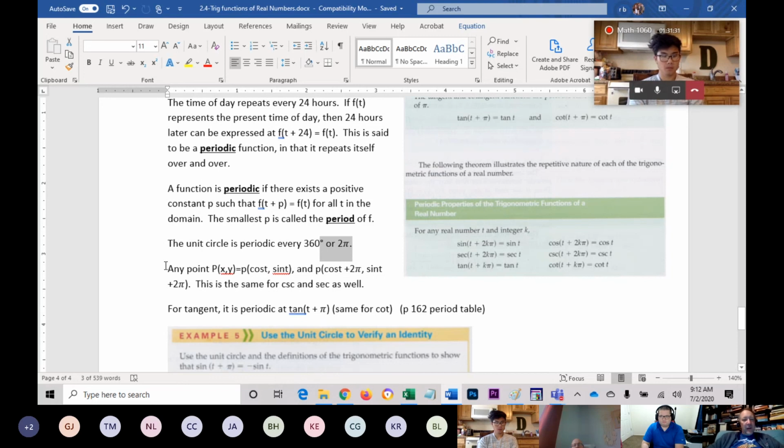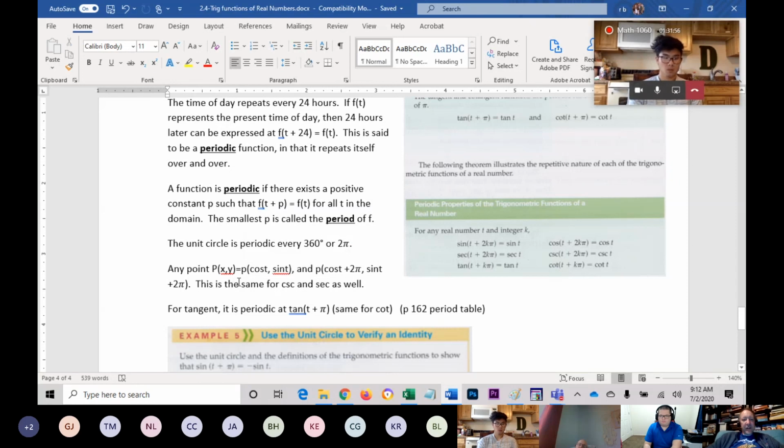Any point on that circle repeats as well. Your point x, y is cosine of t, comma, sine of t, and it repeats every 2 pi: cosine of t plus 2 pi and sine of t plus 2 pi.